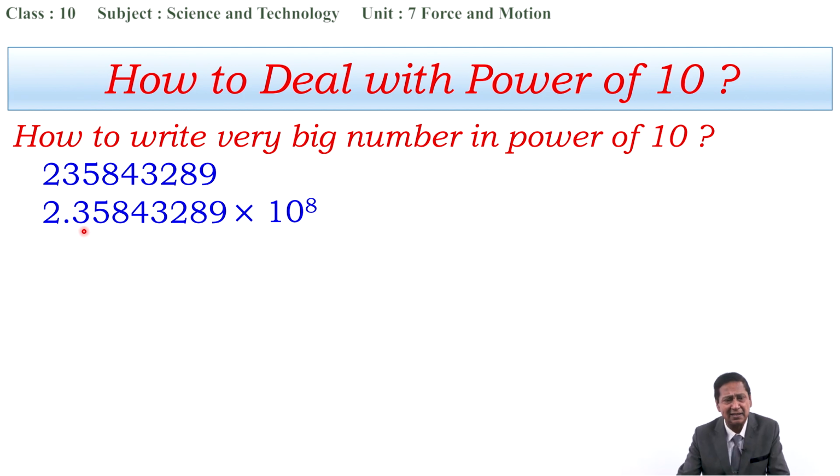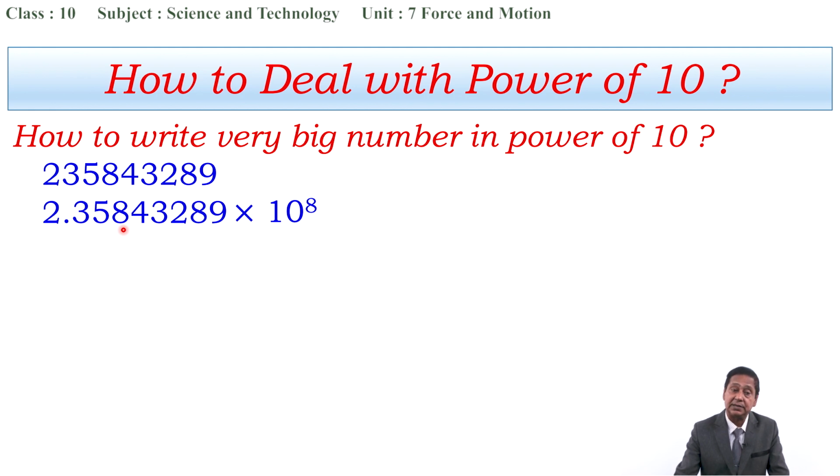But we cannot handle this lot of numbers after the decimal point. So, it is general practice to express it in average. In average, what we do, after the decimal point, normally we take 2 digits. After the decimal point, we are taking just 2 digits. The third digit is 8.